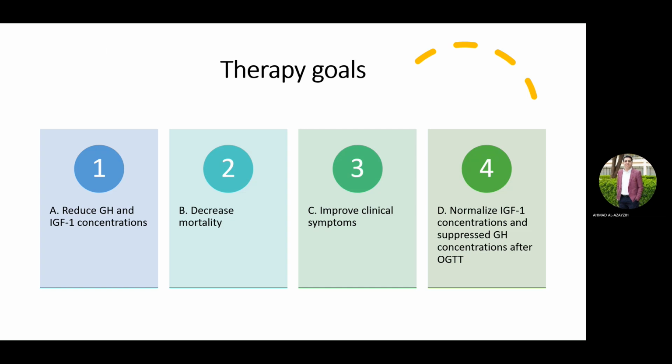Goals of therapy always, as you know, we measure the growth hormone response, whether decrease or increase, based on insulin like growth factor 1. Why don't we measure the growth hormone directly? Because during the day, during the week, it comes in a pulsatile manner.